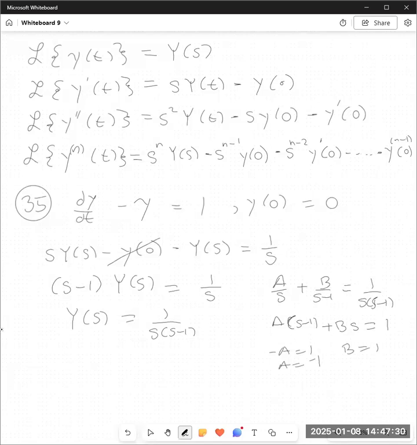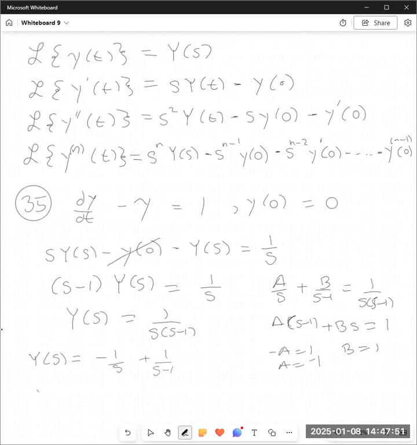So capital Y of s is equal to negative 1 over s plus 1 over s minus 1.